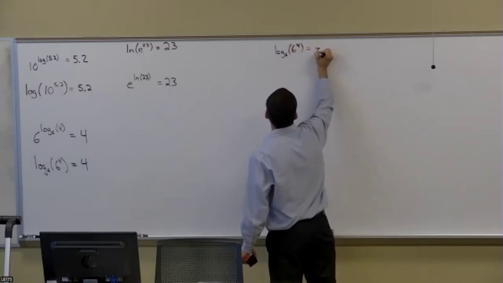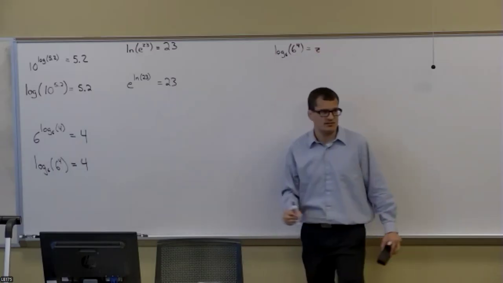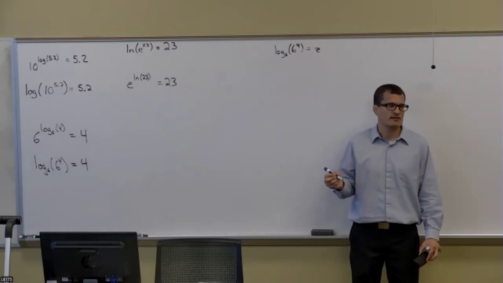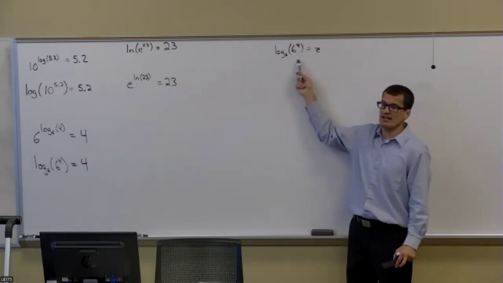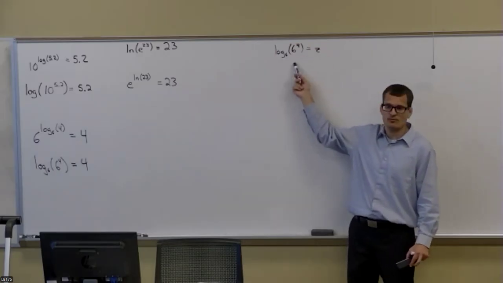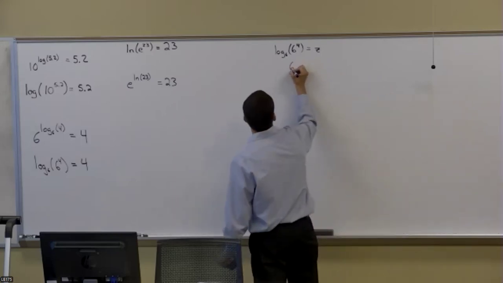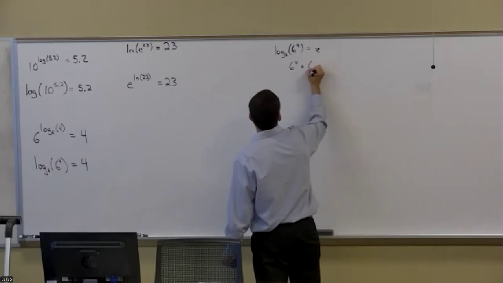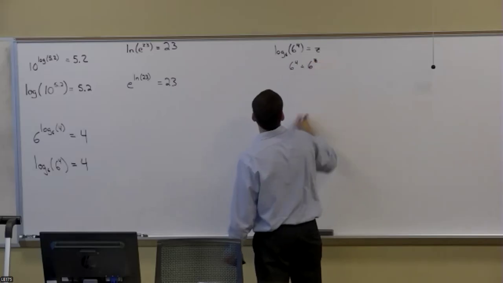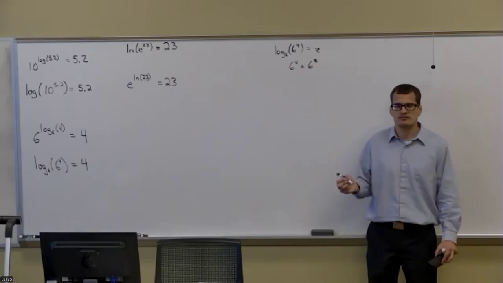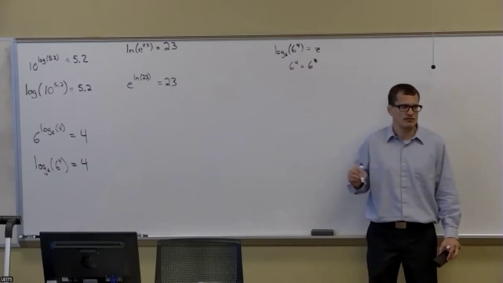By the way, we can see this very easily if we rewrite this in exponent form. In exponent form, this is saying 6 to the 4th is equal to 6 to what power? What power would I have to raise 6 to get 6 to the 4th? Well, it's obviously 4.